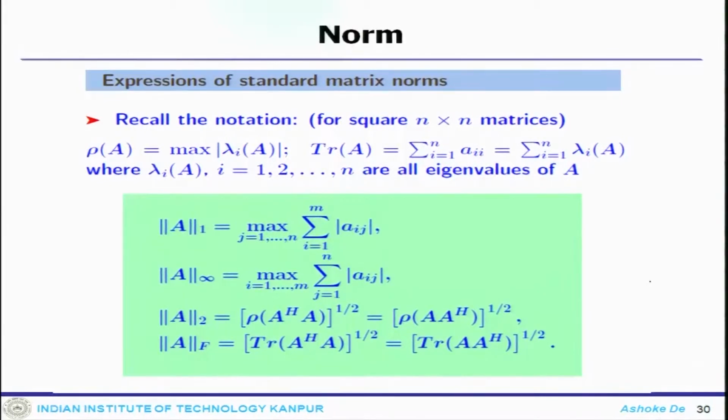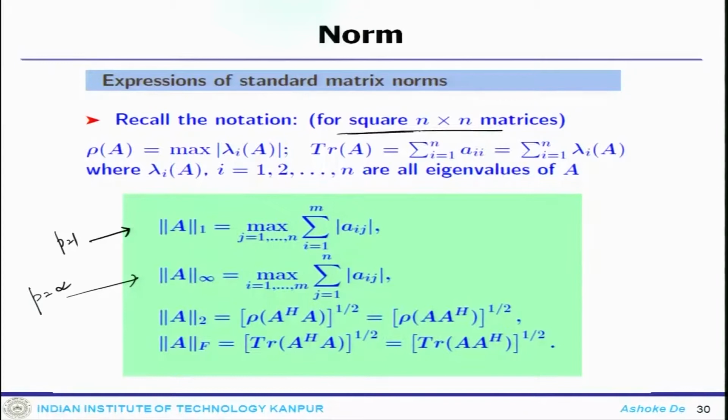Now, moving ahead, you can look at these different matrix norms, for the case P equals 1 and the case P equals infinity. The notation is that you have a square matrix A, n by n.